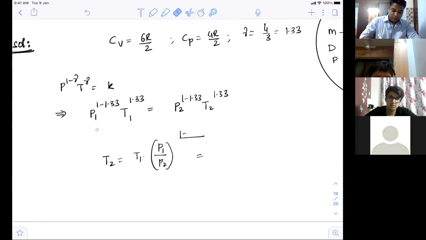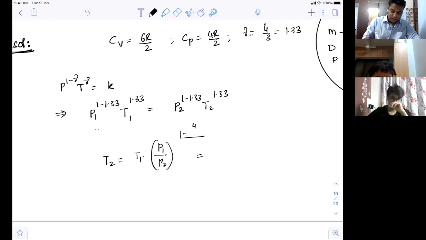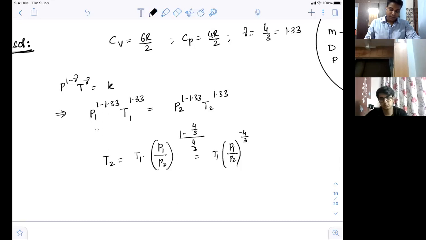So instead of 1.33, I'll use 4 by 3. So what do I get here now? I'll make this T1 whole raised to power of P1 by P2 whole raised to power of minus 1 by 4, because here 3 minus 4 is minus 1, so minus 1 by 3 divided by 4 by 3 makes it minus 1 by 4.